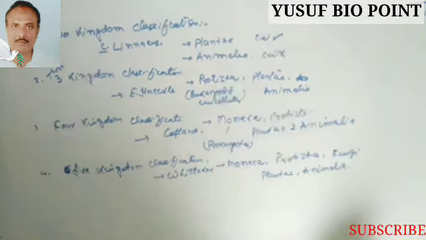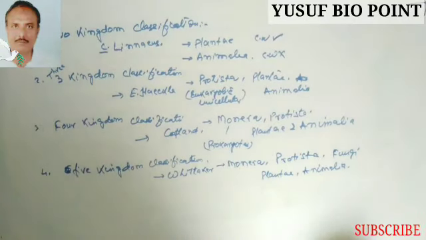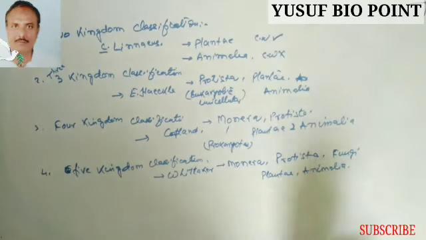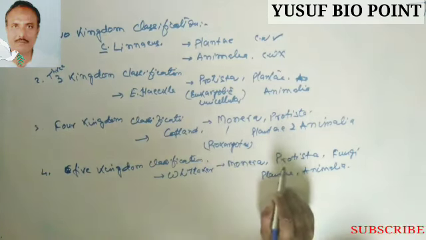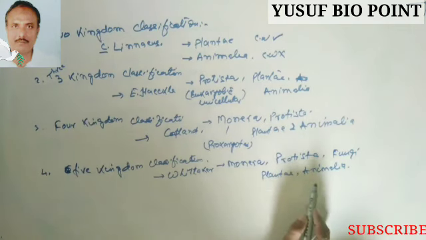So in that way, the five kingdom classification came to exist, which we now study, that is Monera, Protista, fungi, Plantae, and Animalia.